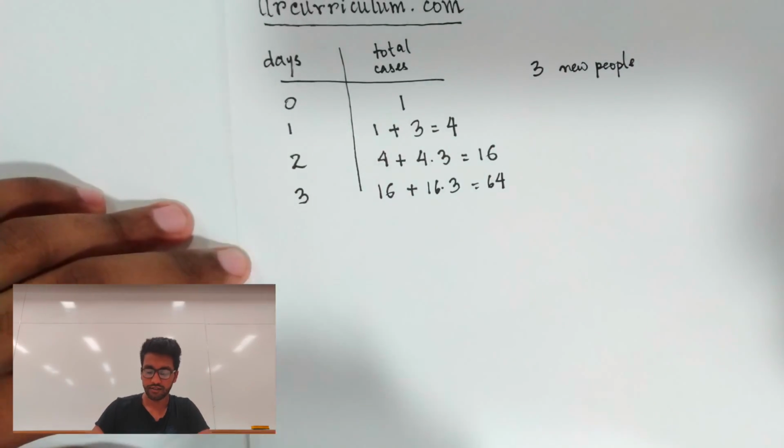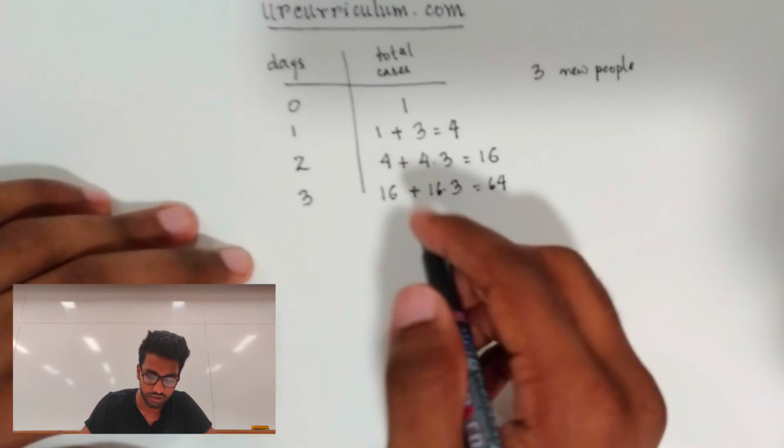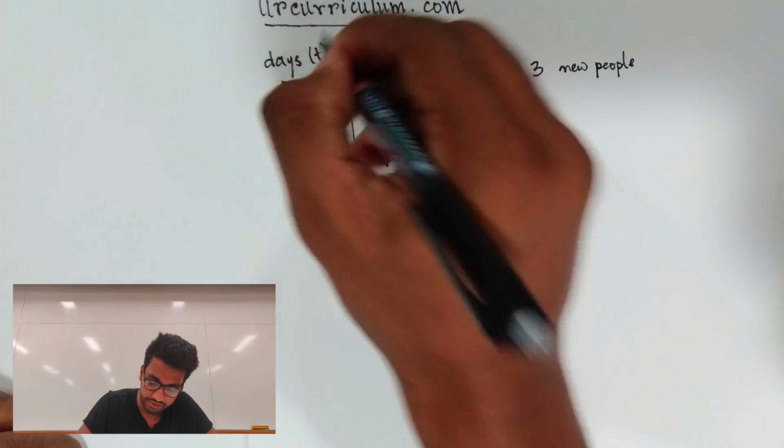And whenever we see a pattern in maths, we start giving things names. So let's call the days T and the total number of cases CT.